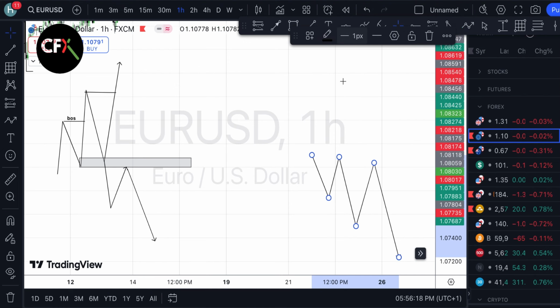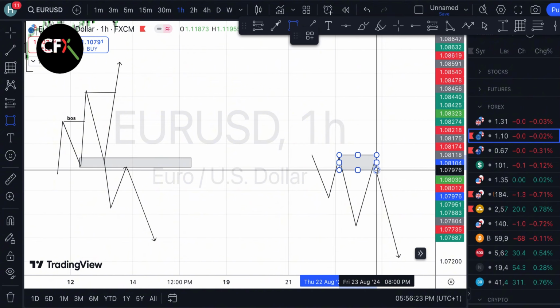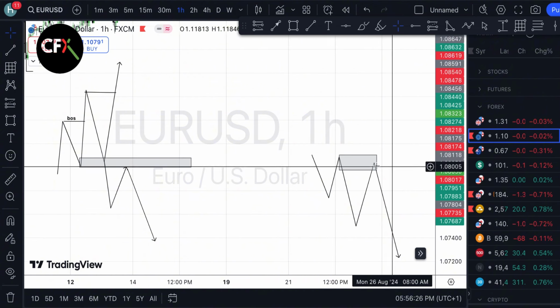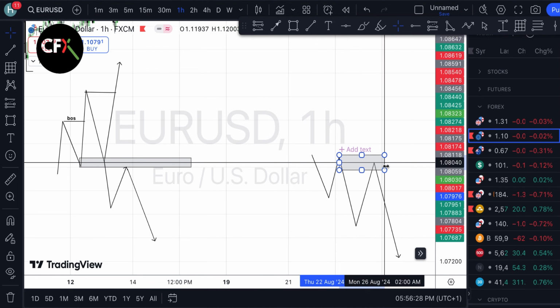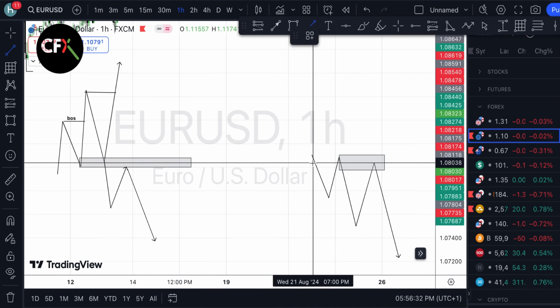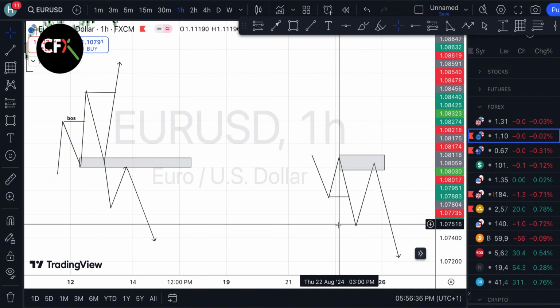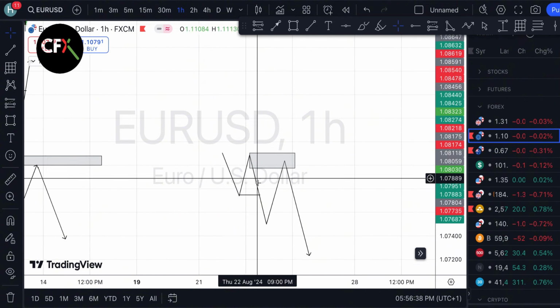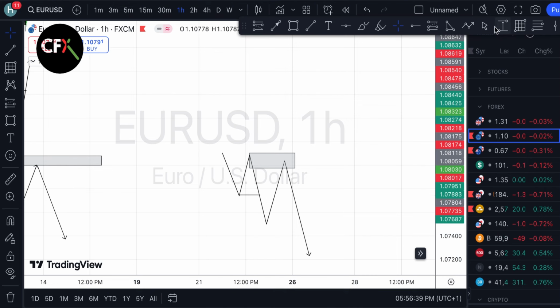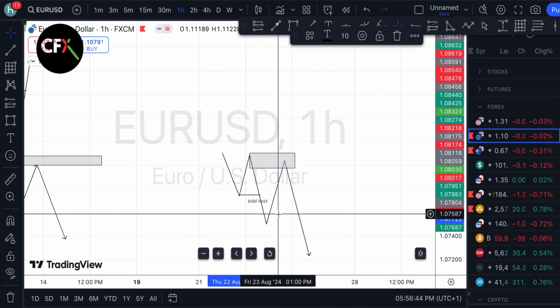But unfortunately, okay, so this is the order block. This is where your order block is, somewhere around here. And then this was the break of structure. So when price broke this structure here, we have the impression that price wants to sell.